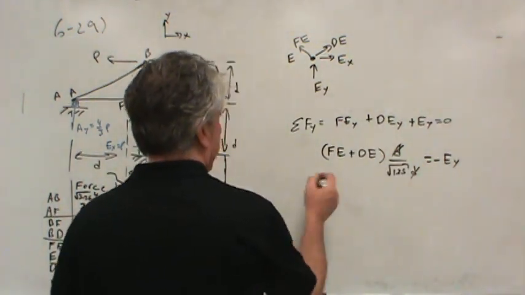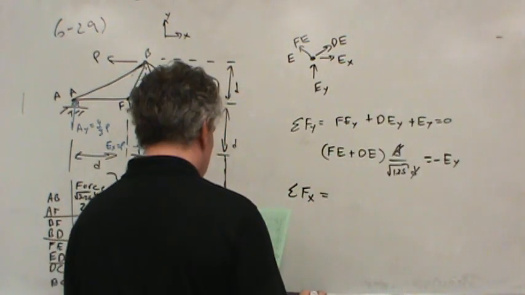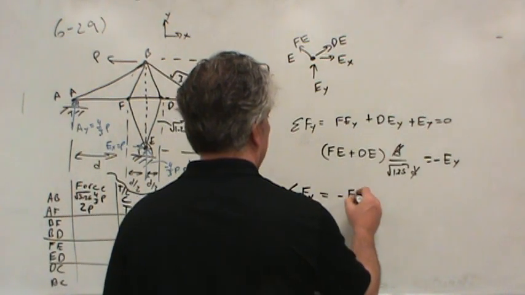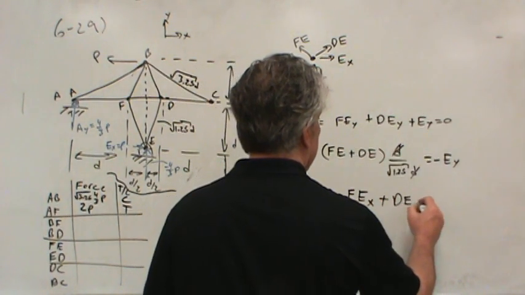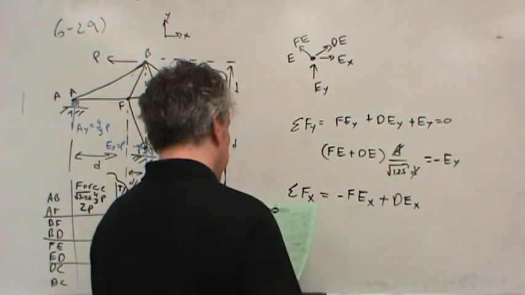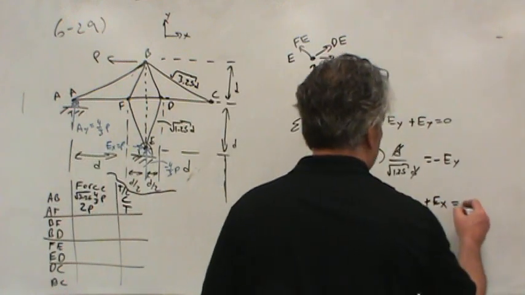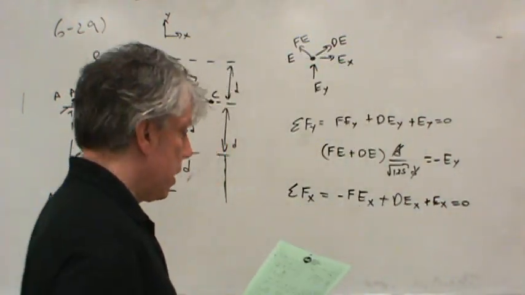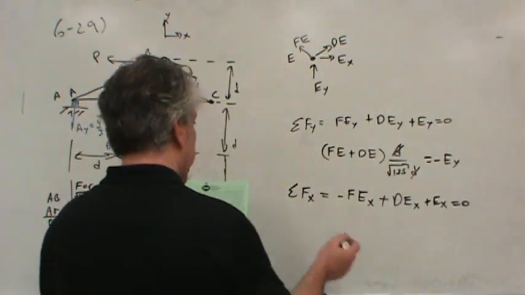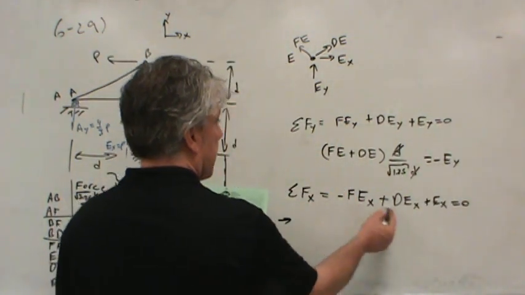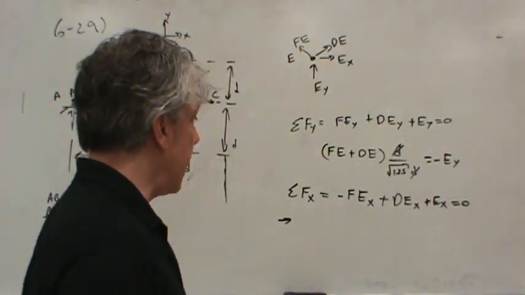Okay, but notice this is one equation and two unknowns. Could we sum forces in the horizontal direction and see what happens? Well, there we have FE's horizontal component pulling against DE's horizontal component, and there's also EX applied at this joint. So the sum comes out to 0 for static equilibrium, and we'll rearrange just a bit, noticing that the factor for the X components of FE and DE are the same.